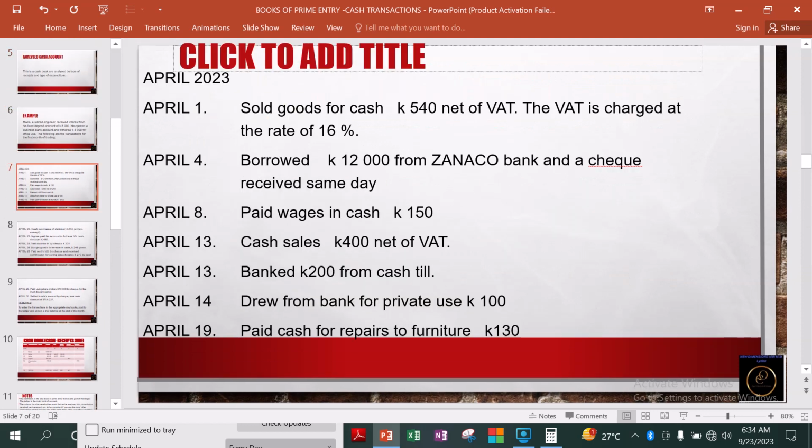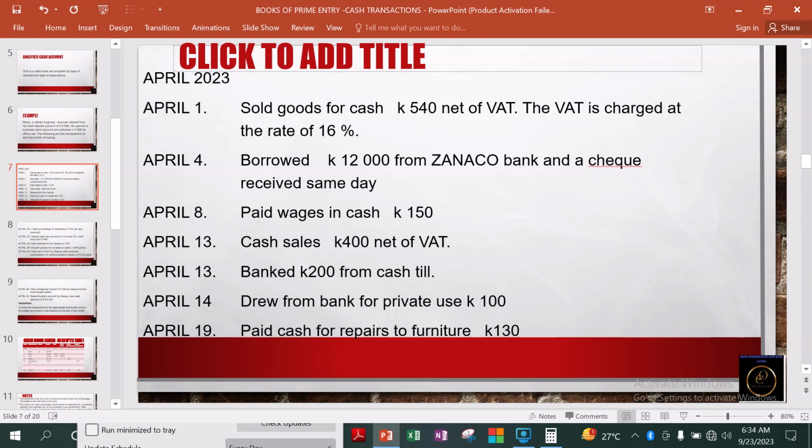The next transaction is telling us that on April 13 there were cash sales of 400 net of VAT. Meaning that when you say net of VAT, the figure does not include the VAT component.